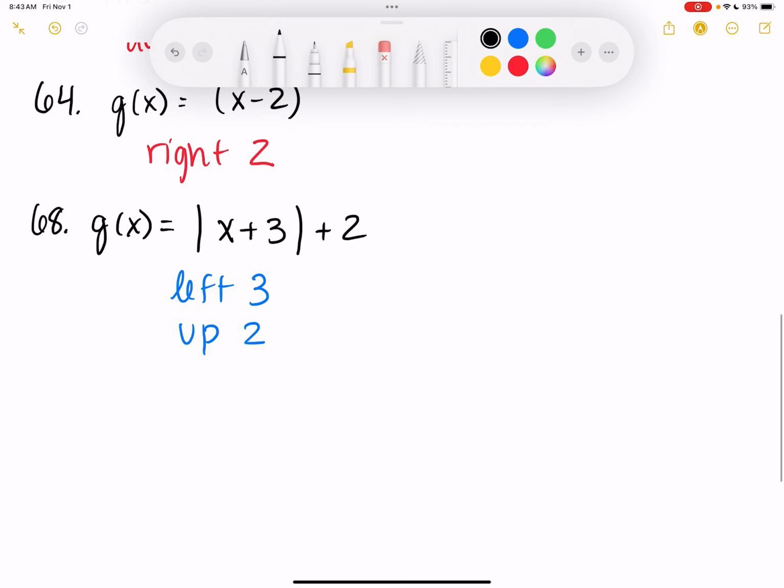Let's see, 70. H of x equals negative, parentheses, x minus 1 cubed. All right, so what's happening with this one? Remember, even though it's a cubic function, it's the same thing, same rules as the quadratic function.